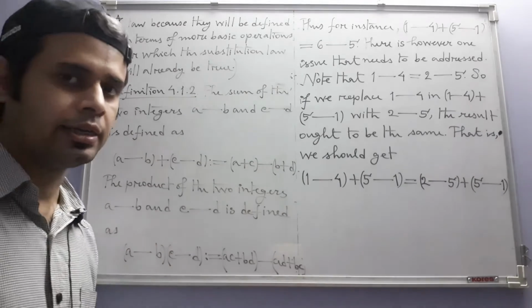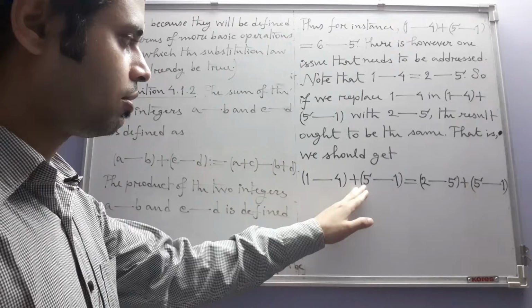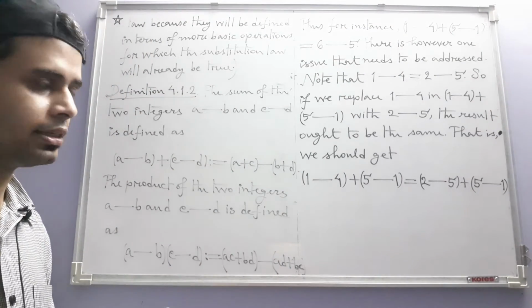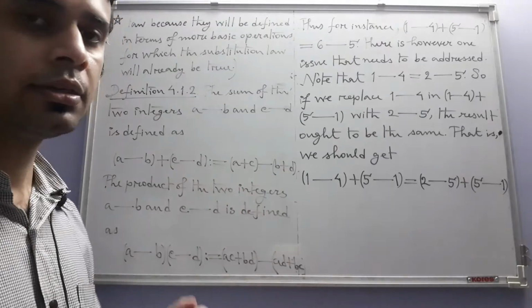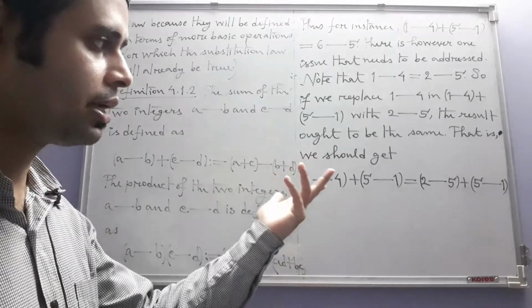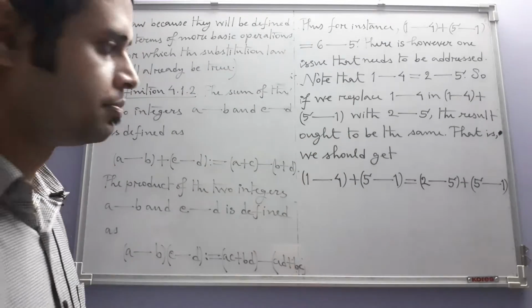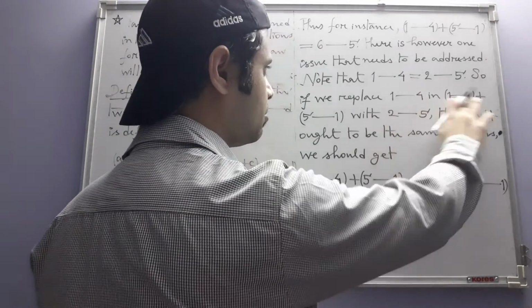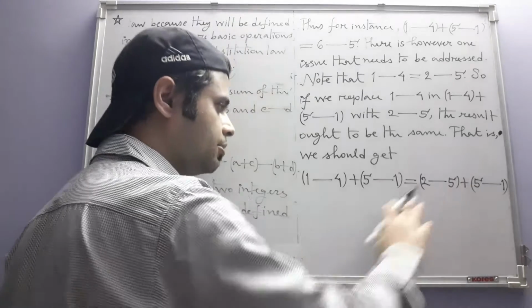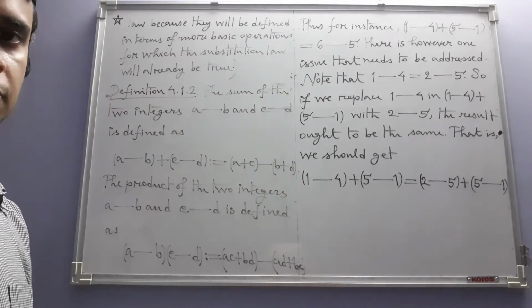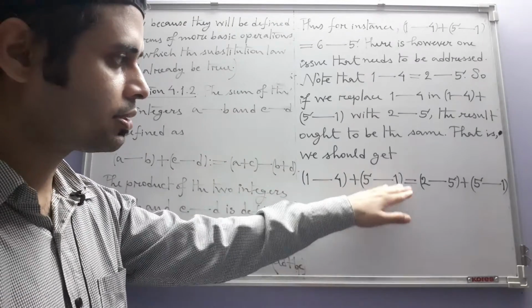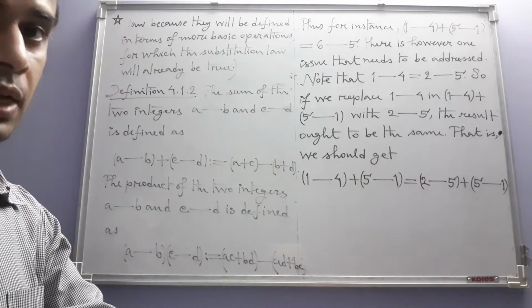It should be the case, otherwise the operation addition that we have defined is not well defined, and this is what we mean by verifying the substitution law, because we are substituting in place of 1 dash 4 we are substituting 2 dash 5, which is equal to this, but the binary operation should give the same result.